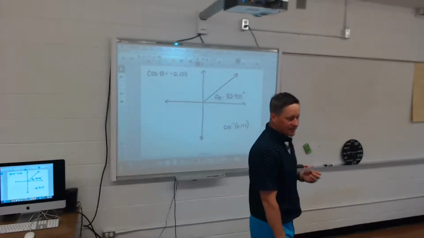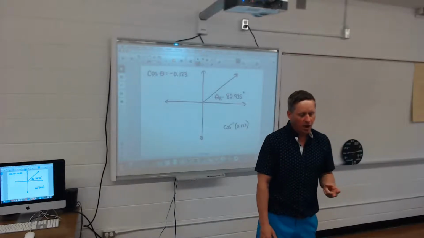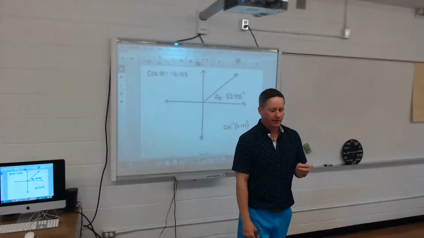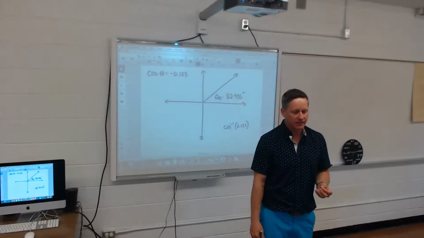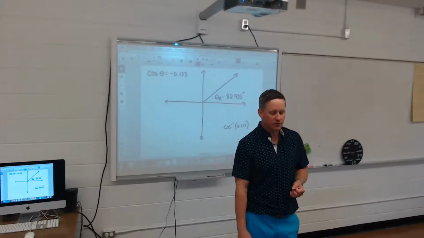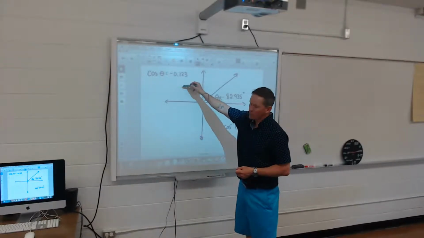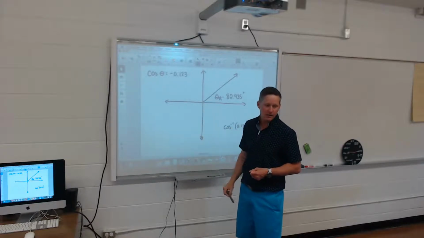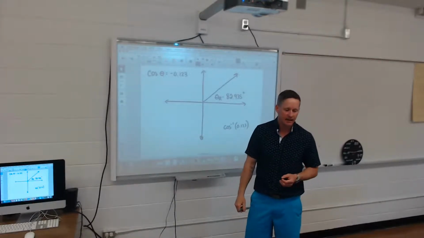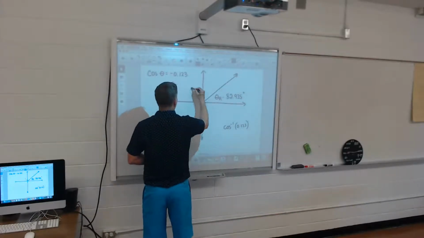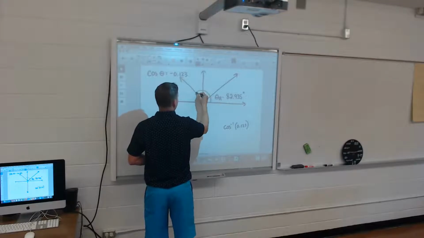Now, I ask myself, what two quadrants is cos negative in? Now remember, cos represents an x ratio. So where is cos negative? Quadrant 2, quadrant 3. That's where my cos is negative because that's where my x is negative. So first things first, I want to find out what this angle is right here.